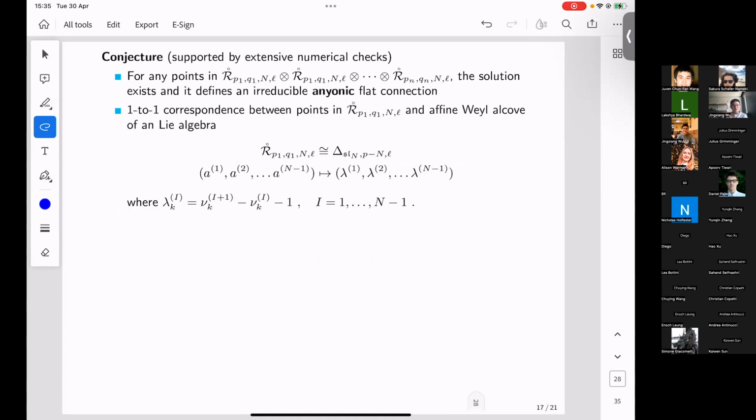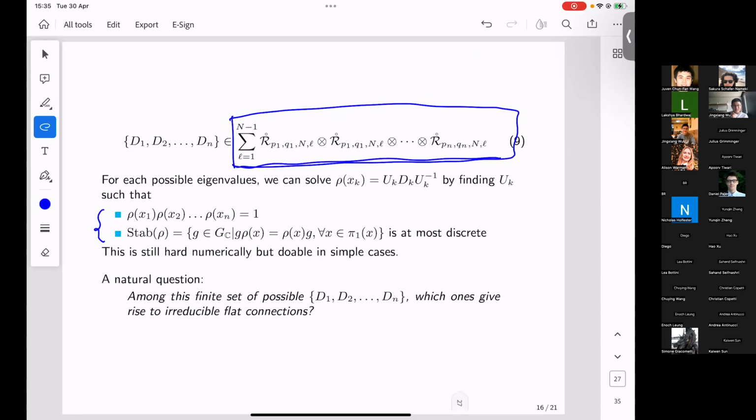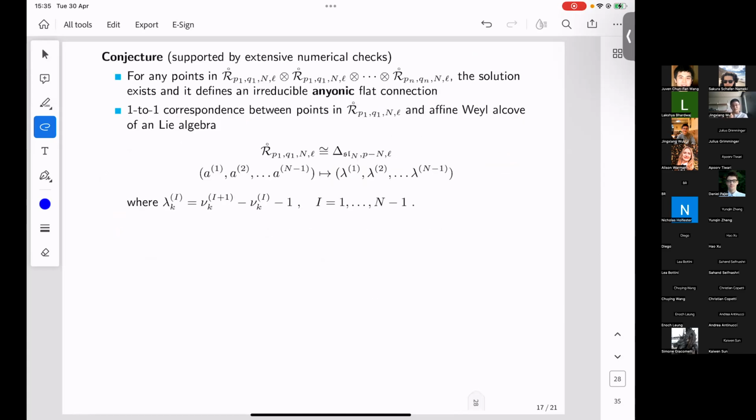This is a conjecture supported by a large number of numerical tests. The conjecture is basically that any point in this region gives us a valid irreducible flat connection. But it's not the case if you include the boundary. If you include the boundary, it's not true anymore. If you only consider the interior, then any point inside the interior will give us an irreducible flat connection.